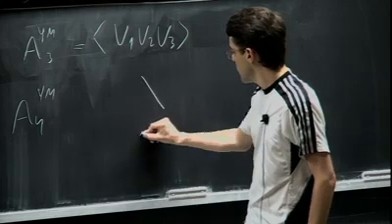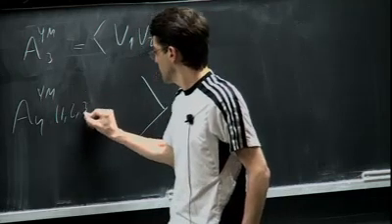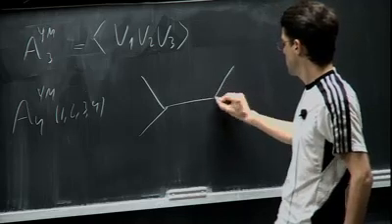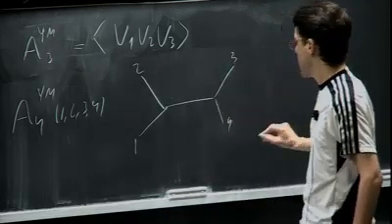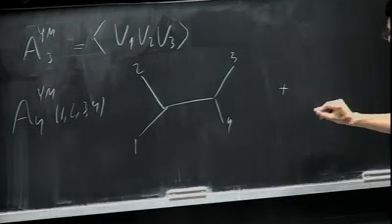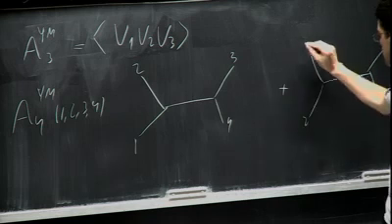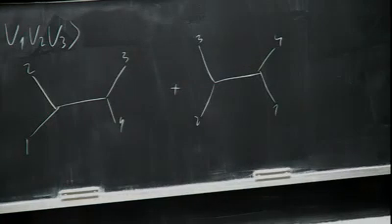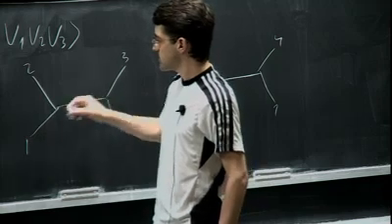The 4-point amplitude in the color ordering 1, 2, 3, 4 has two cubic graphs. It's that one and this one, 2, 3, 4, 1. And okay, so let's try to construct something.